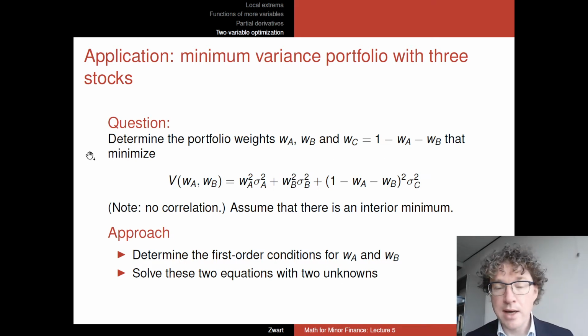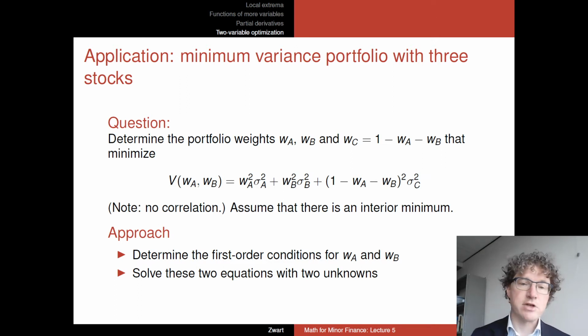So here we again go back to this minimum variance portfolio problem, but now instead of having two stocks, we have three stocks. We have a stock A, we have a stock B, and a stock C. And we are asked to invest our investment portfolio in a combination of these three stocks.